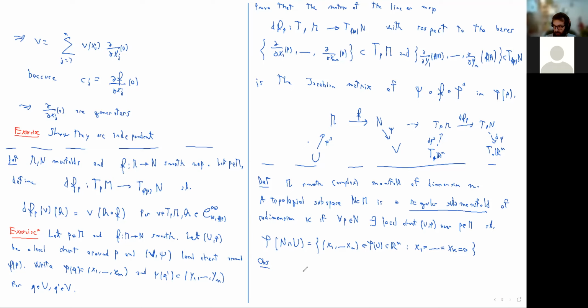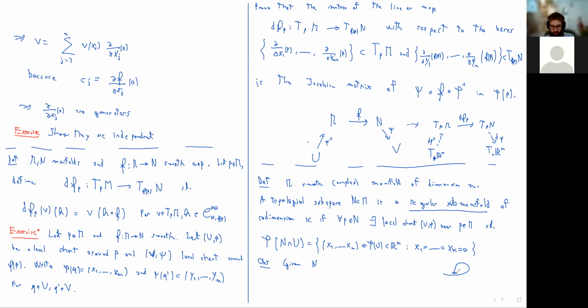Do we require that N is closed? We do not. Okay. But does it imply it? I don't think so, because you're thinking of immersed manifolds.